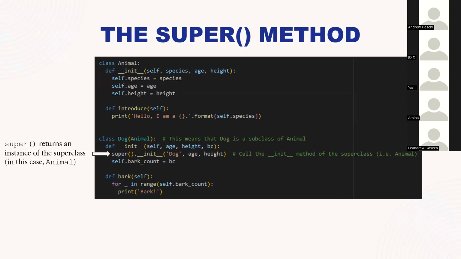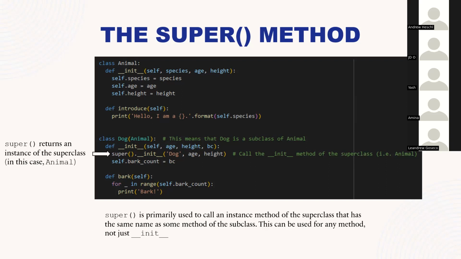Calling super also returns an object that refers to this particular dog, except that it accesses the instance attributes and methods that are in the superclass rather than in the dog class. Now, what you generally use super for is to call an instance method of the superclass that has the same name as some method of the subclass. For example, init is always going to have the same name. So that's why we have to use super here.